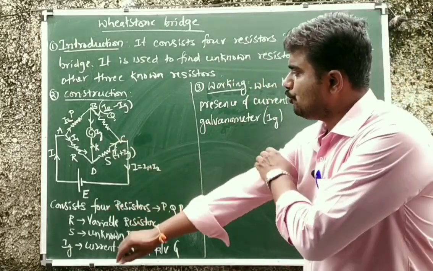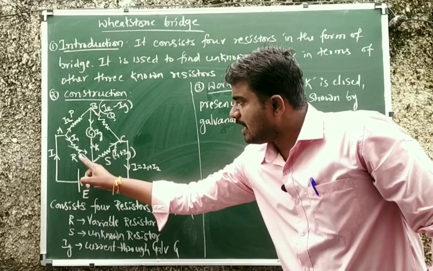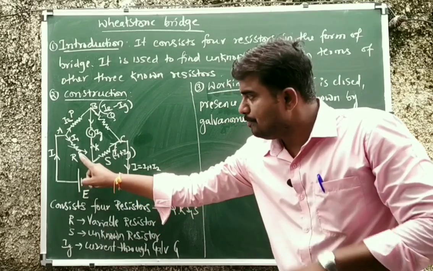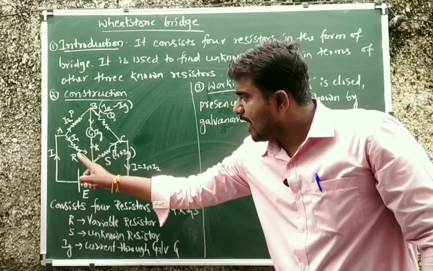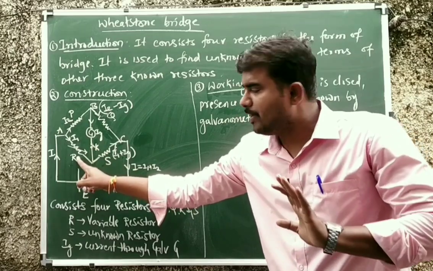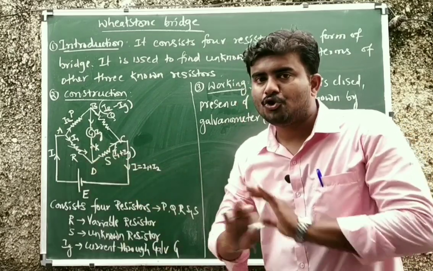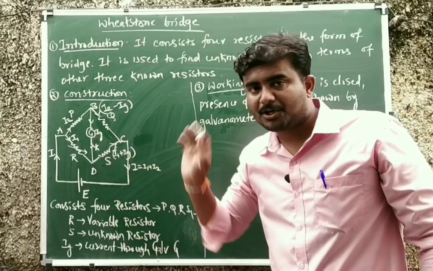Now what you do is you adjust this R value, because this is a variable resistor. You adjust this R value in such a way that this galvanometer shows no deflection. It means IG is equal to 0.